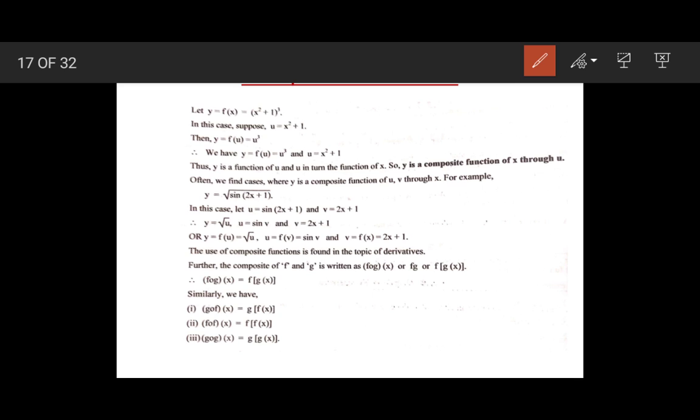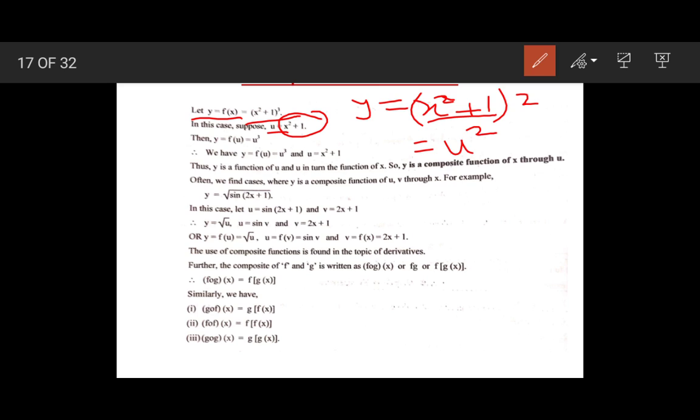So the example is, if y, f of x, is x square plus 1 the whole square, okay, in this case we are going to substitute x square plus 1 as u. Okay, what is given? y is equal to x square plus 1 whole square. And what I am going to do is substitute this x square plus 1 as u.